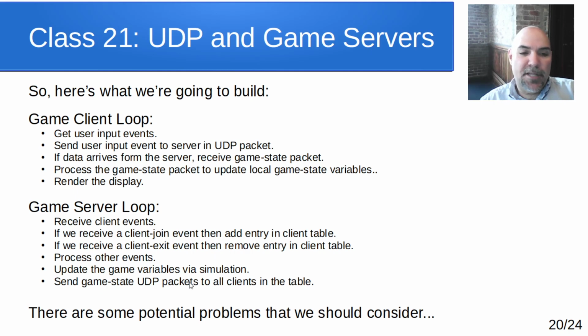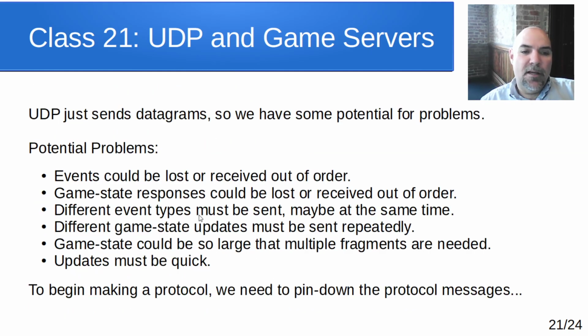Now, there are some potential problems if we set this up wrong that we should consider. So again, since UDP only sends datagrams and it's an unreliable service, we have the potential for some things to go wrong here. So in other words, events could be lost or received out of order. We need to think about that. The game state responses could be lost or received out of order.